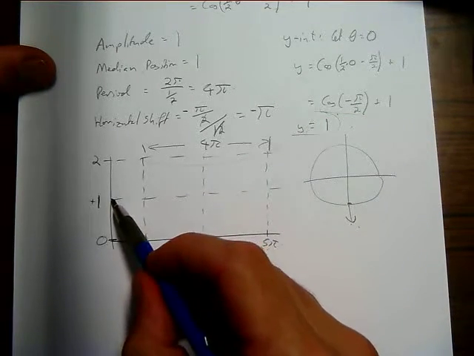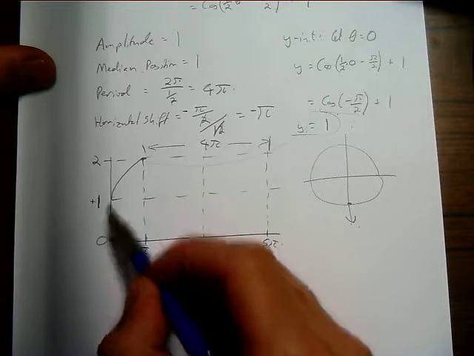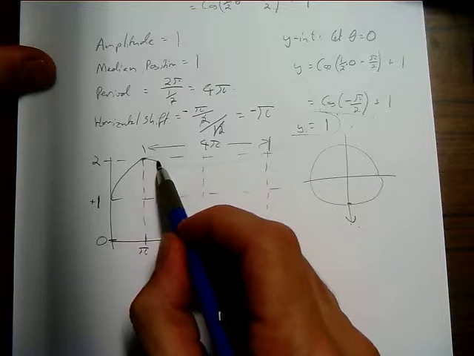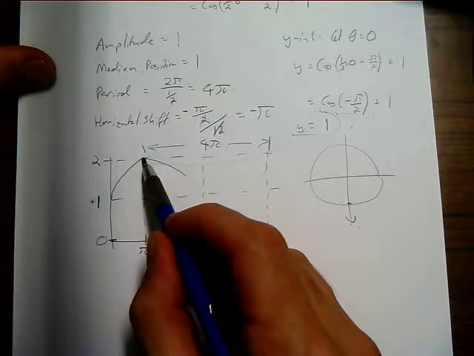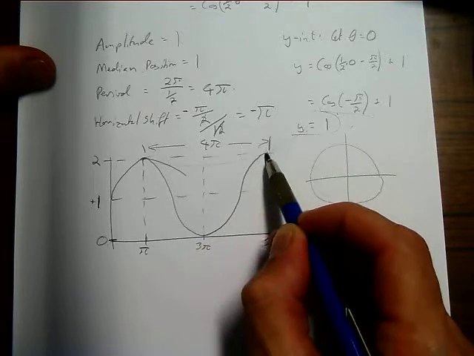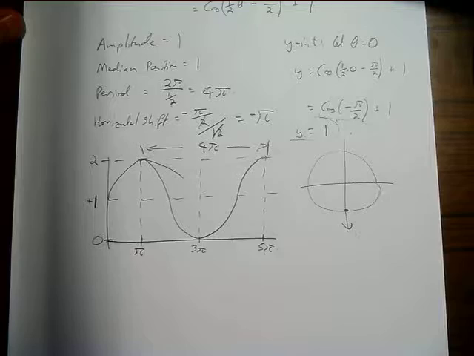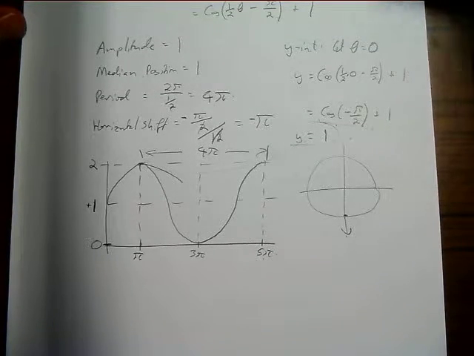Okay, so I can fill it in now. It starts as a cos graph up here. I can go back to my y-intercept, and I'm going, which way am I going? This way, and then back up to the end there. And that is my sketch. And I need to make sure I state the period and the amplitude.